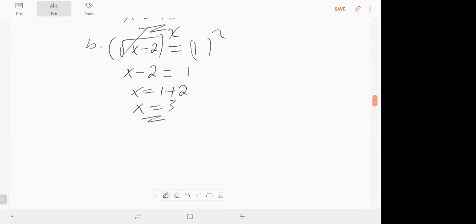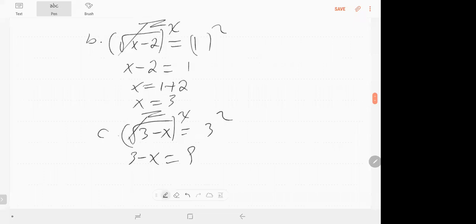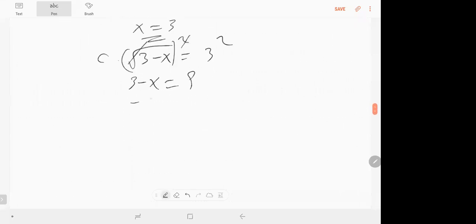And C, the square root of 3 minus x is equal to 3. Again, when we square both sides, the square cancels out the square root. What's left is 3 minus x, which is equal to 3 squared, which is 9. Transferring the 3 to the other side, it will be minus 3, so minus x is equal to 6.